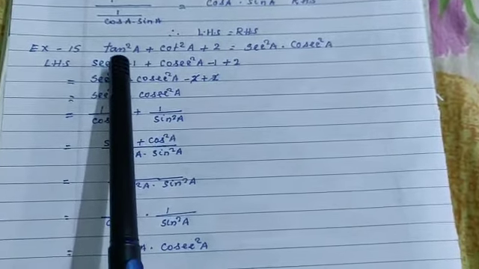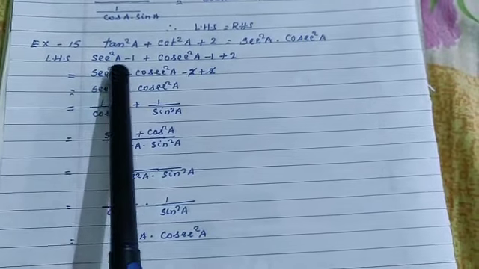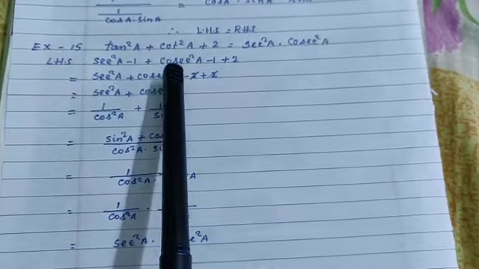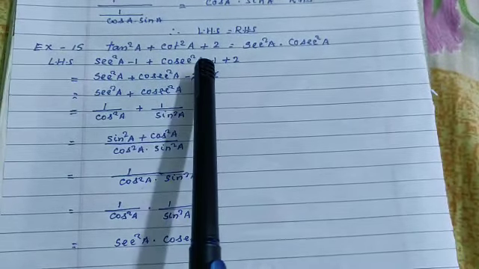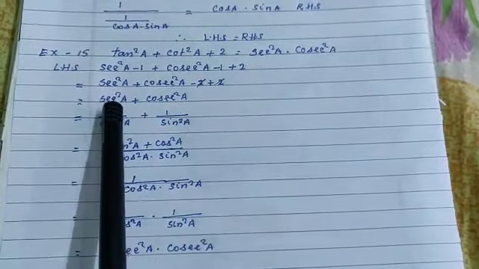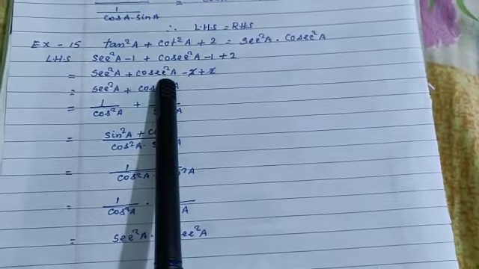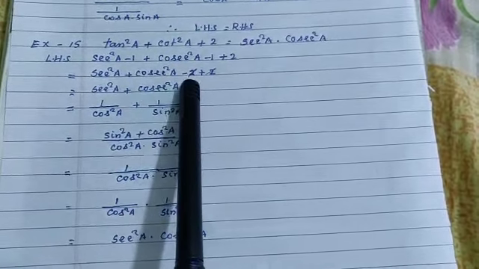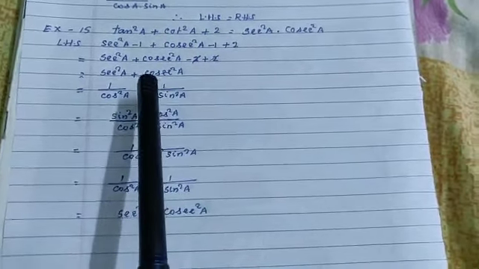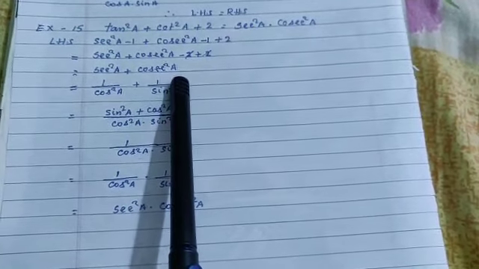Therefore tan square A is sec square A minus 1, plus cosec square A minus 1, plus 2. Now sec square A plus cosec square A minus 1 minus 1 plus 2. The constants cancel, so what remains is sec square A plus cosec square A.